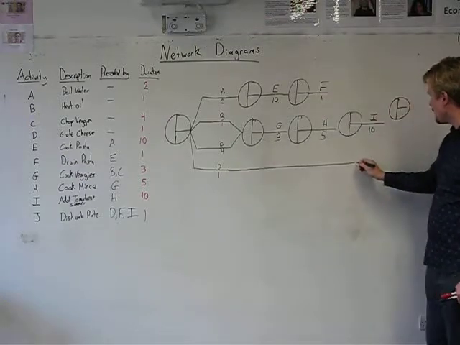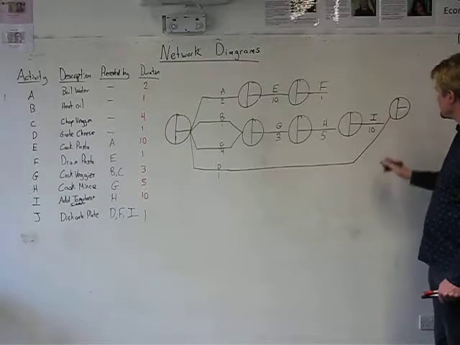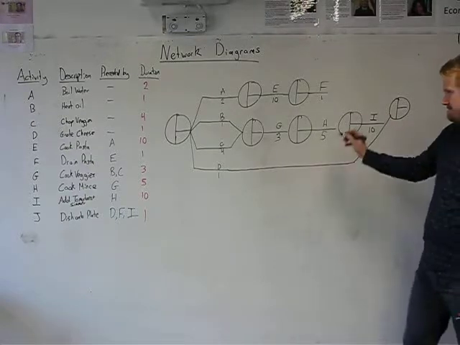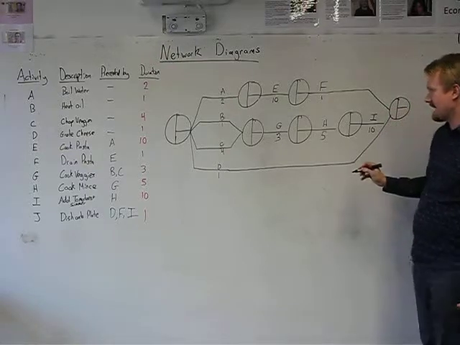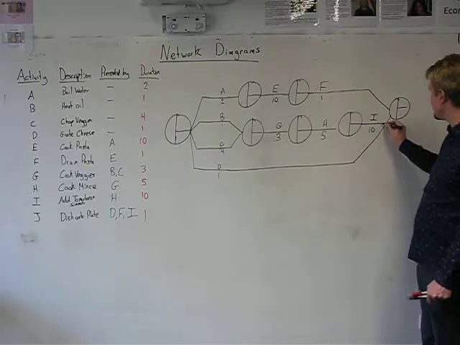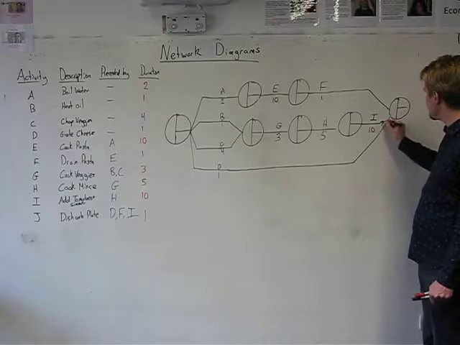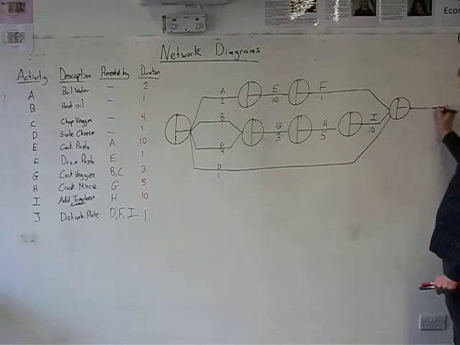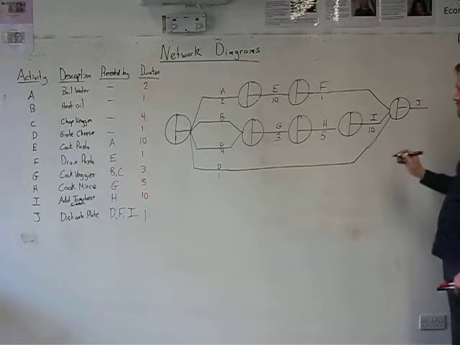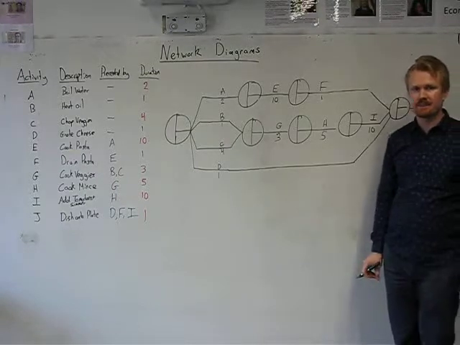So I finally now hook up task D with this node. F is completed. So I hook up task F with this node. And I is completed. So now I hook up task I with this node here. And when that point in time has happened, then I can work on task J, which is my last task, which is to dish everything onto the plate.